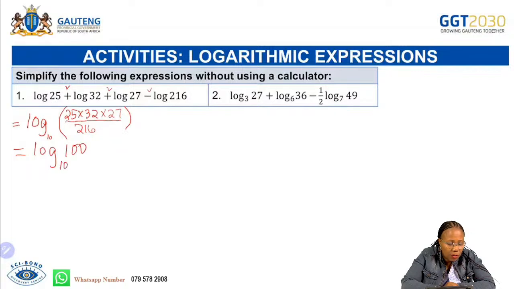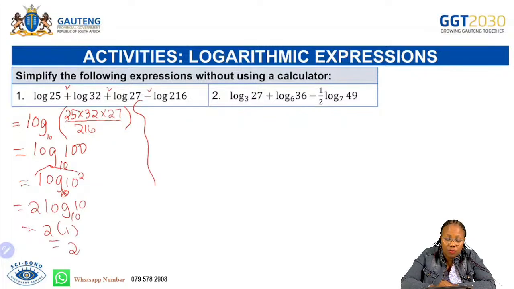And then with the base of 10, this will be log 10 squared, 10 squared is equal to 100. Remember your base is 10 there. And then now these two move to the front, it will be 2 log 10 base 10. So we are having 2 into 1, of which the answer will just be 2 there.